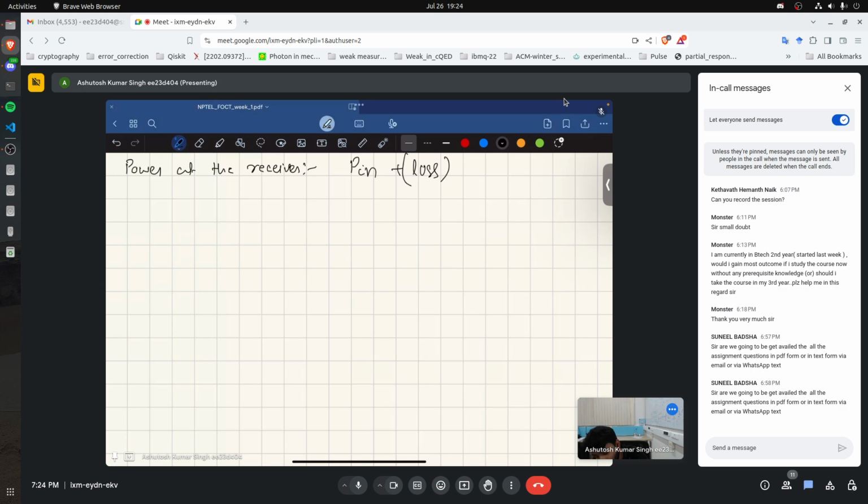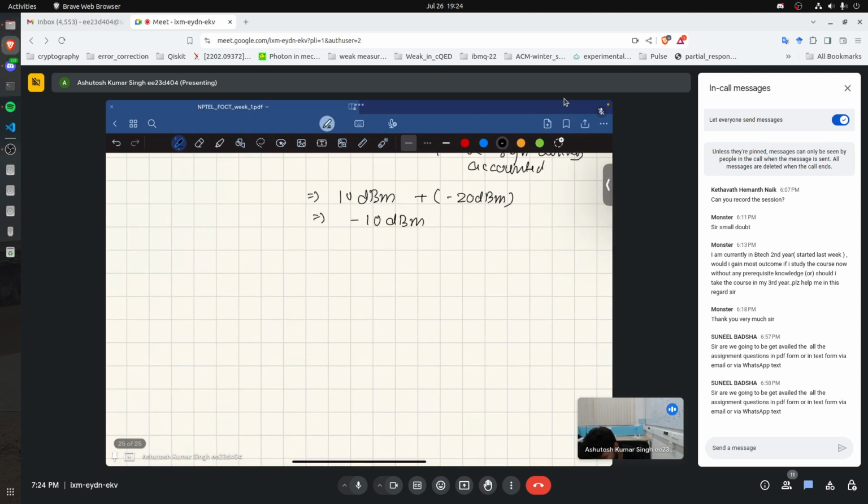I am saying plus loss because I have accounted for the negative sign there. Negative sign already accounted. My P in is 10 dBm and my loss is minus 20 dB. So this just becomes minus 10 dBm. So that answers your relevant question.